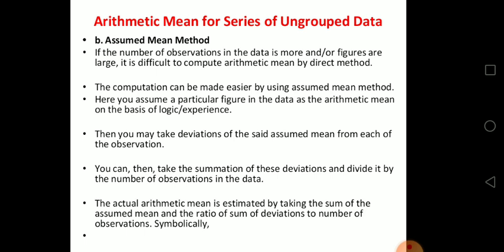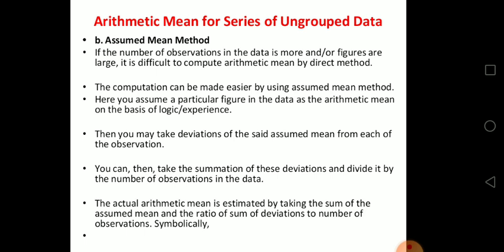You can then take the summation of these deviations and divide it by the number of observations. After you've gotten the deviation for each data, you take the summation and divide it by the number of observations in the data.